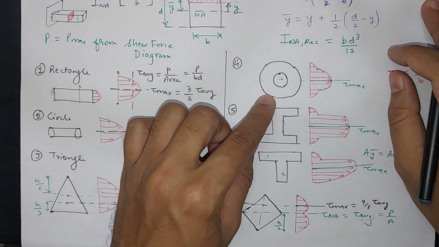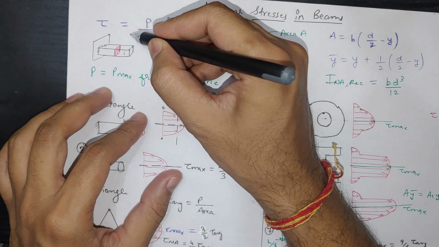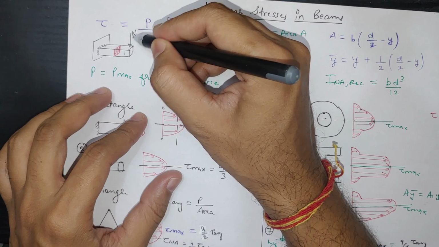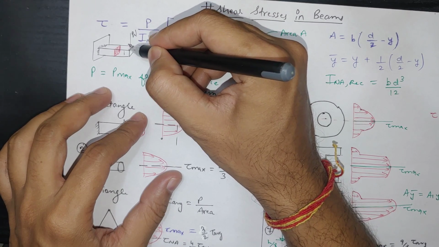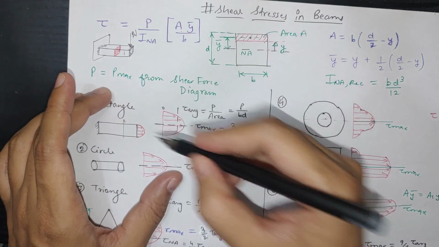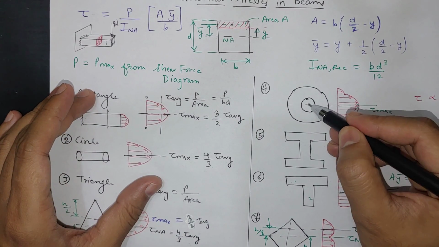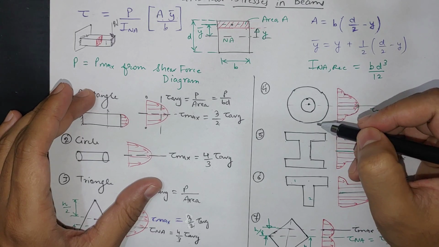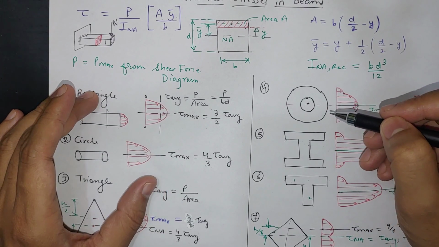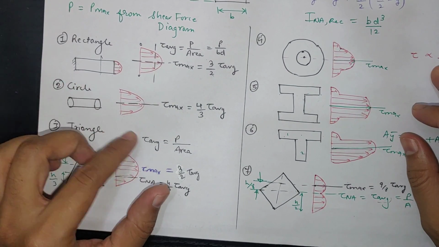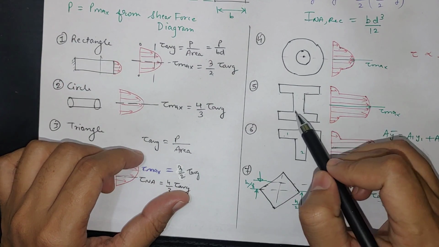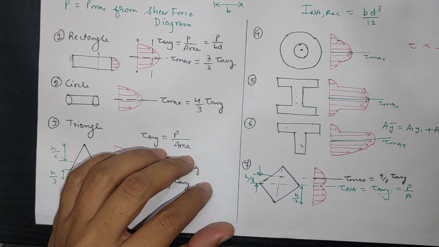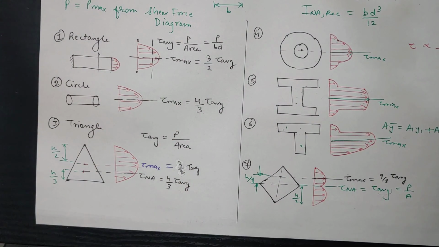If we apply any load, such as w or some random load, at the shear center of the cross section, there will be no torsion in the beam; otherwise there will be torsion in the beam. For a circular section, the shear center is the center point. Similarly, other shapes have different shear centers. For an L section it will be outside the cross section, and for an I section it will be somewhere in the center. So we have to apply the load like that so there will be no torsion in the beam.